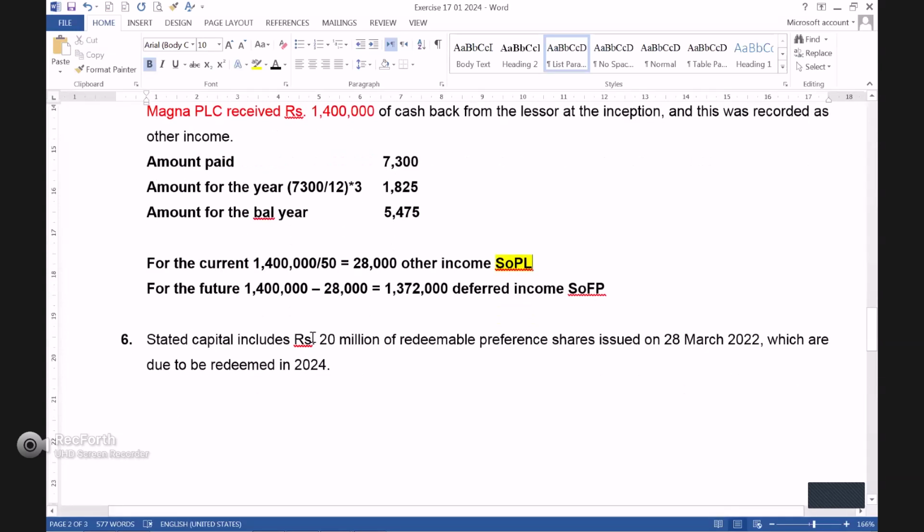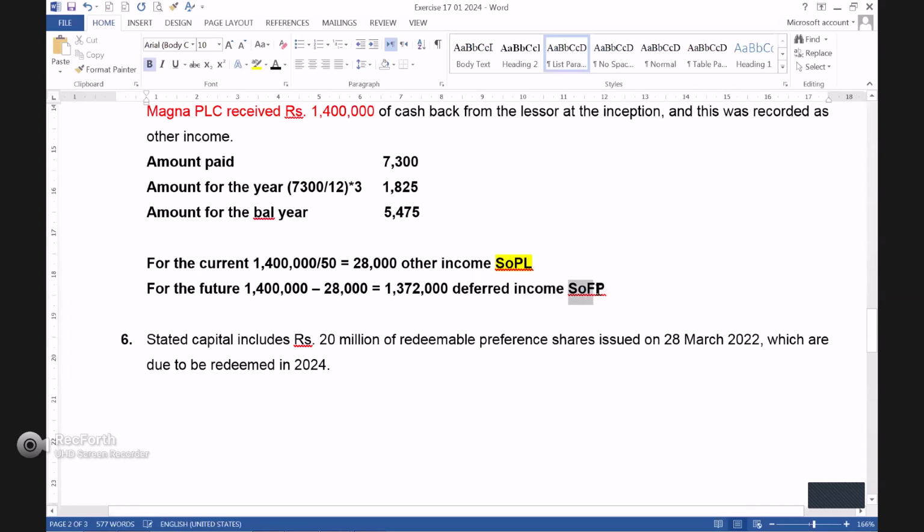For the future, what about the future? 1.4 million minus 28,000 gives 1.372 million as deferred income in the statement of financial position.